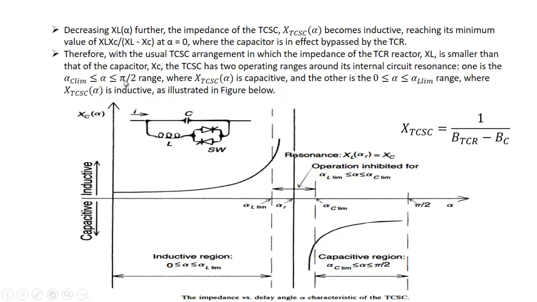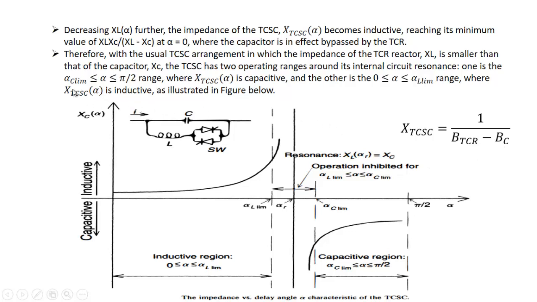So we start from alpha equal to pi by 2, where BTCR is 0, up to the value of alpha at which BTCR is slightly less than BC to avoid this resonance. We call that alpha as alpha C lim.